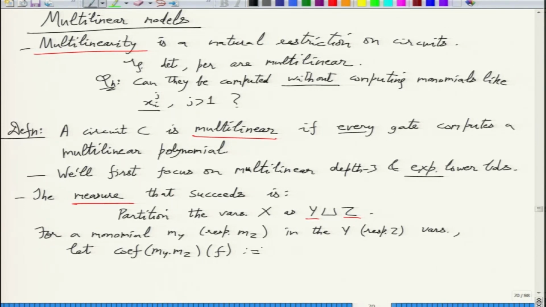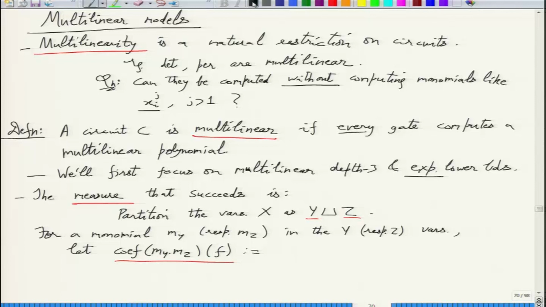So what is this? This is just what it says. So note that m_y times m_z remains a multilinear monomial because y and z are disjoint. So we are just asking for the coefficient of this monomial in f, right? It may still be 0, but it's not always 0.